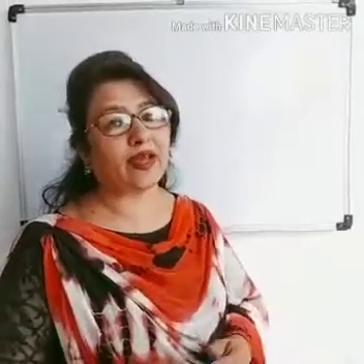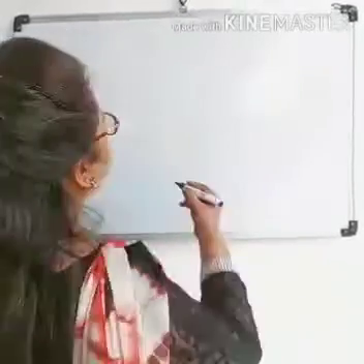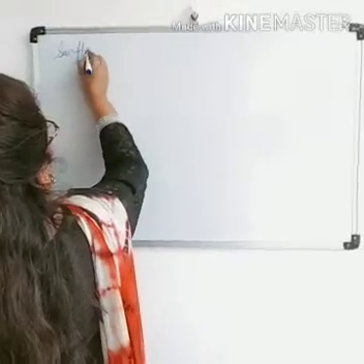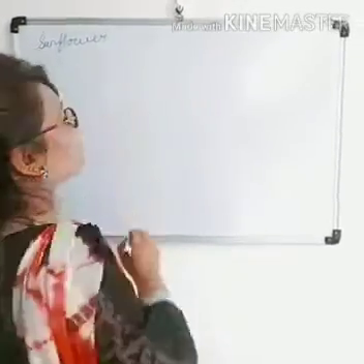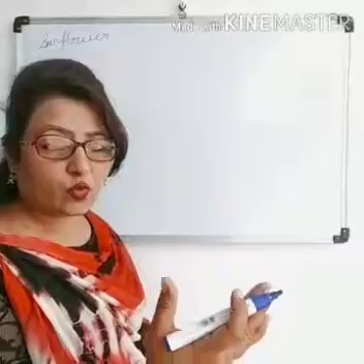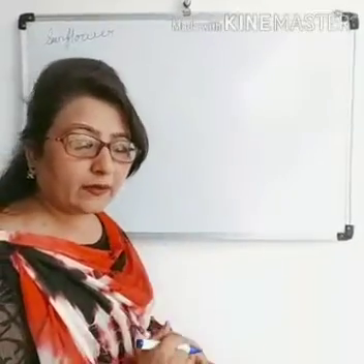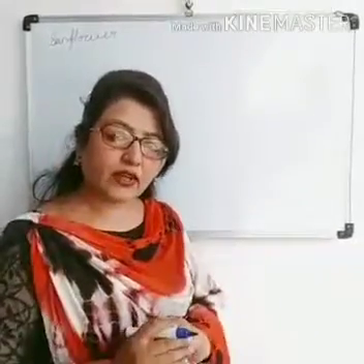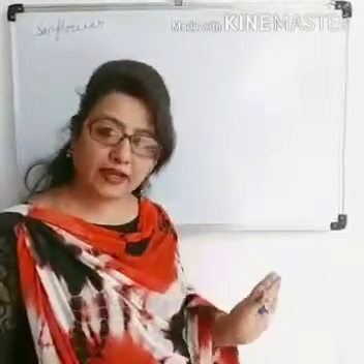Another example I can give you is a sunflower. Why? Because it moves its face towards the direction of the sun. The lotus also opens up its petals in the morning and closes them in the evening.